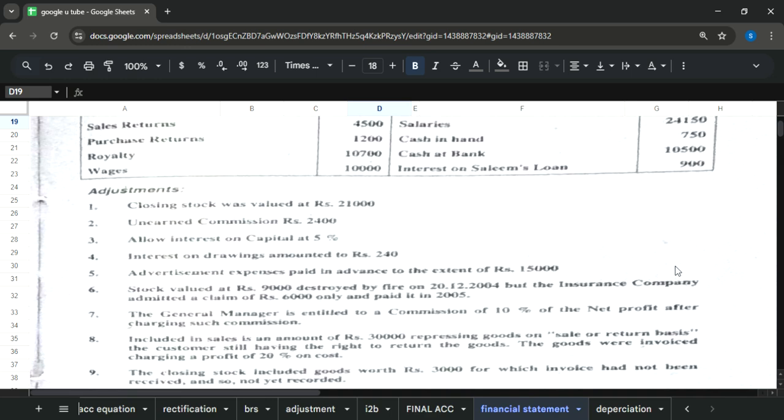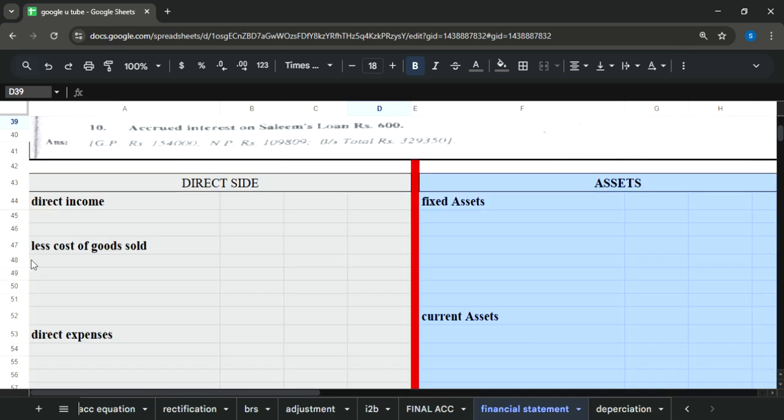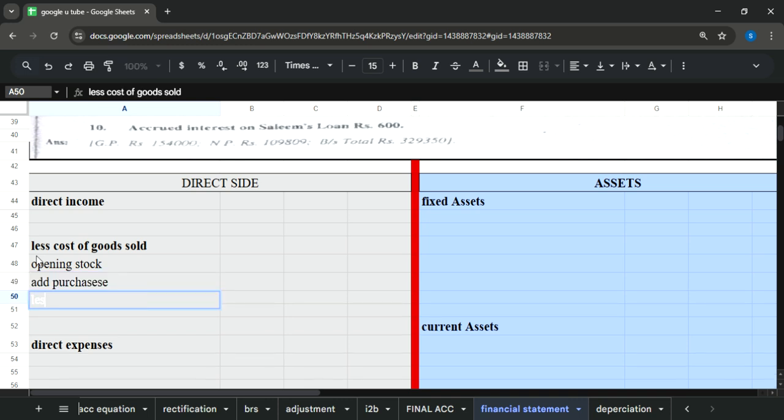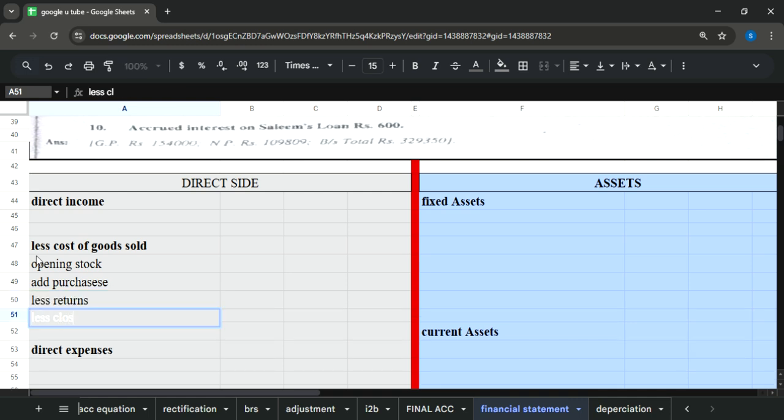So let's begin with the adjustments, as it was told that it would be our first step. First adjustment is closing stock. Here in cost of goods sold, first we will write opening stock, then we will add purchases, and then we will subtract its returns, then closing stock.